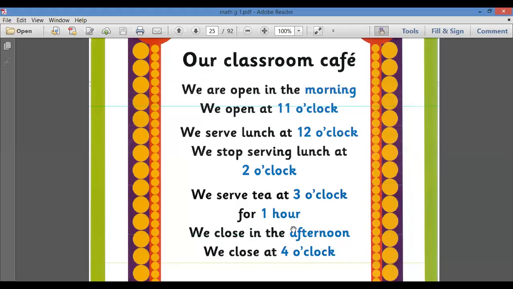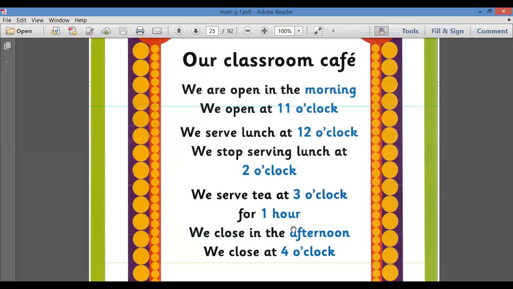We close at 4 o'clock, means we finish our classroom cafe, and all the students and the staff members, after cleaning and preparing for tomorrow, close the classroom cafe.